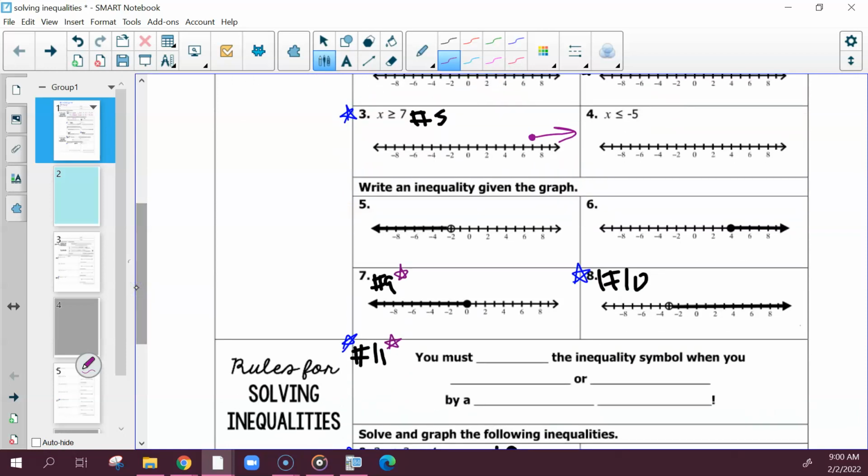Let's try some of these. For number 5, we see that that's an open circle, and it's going to the left. Which inequality symbol would that be? You can choose. Not both.